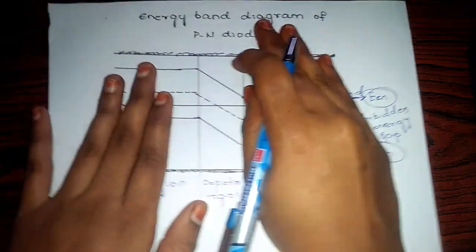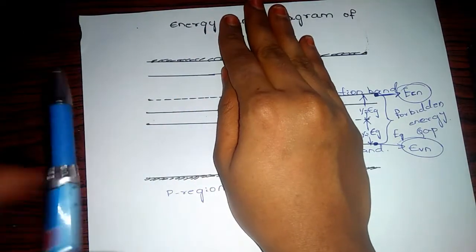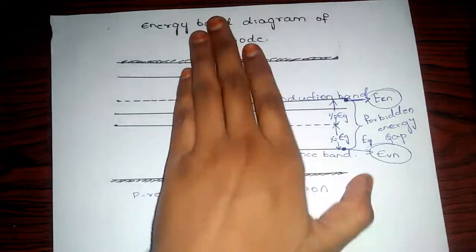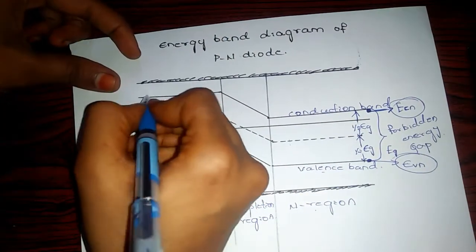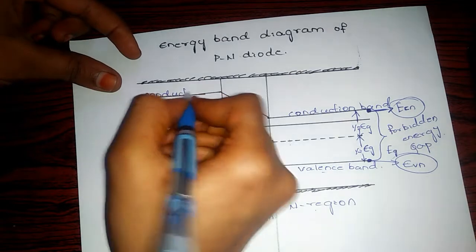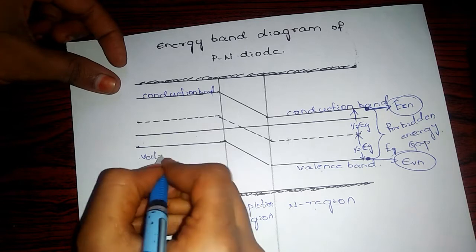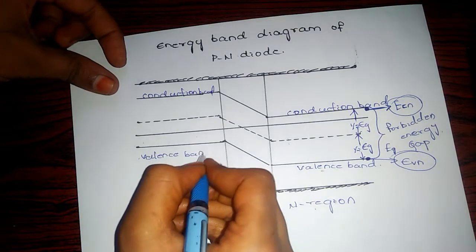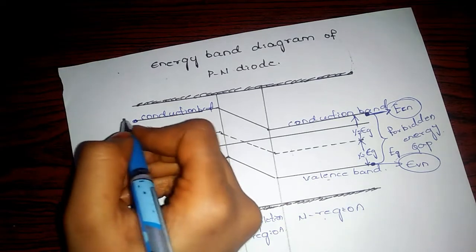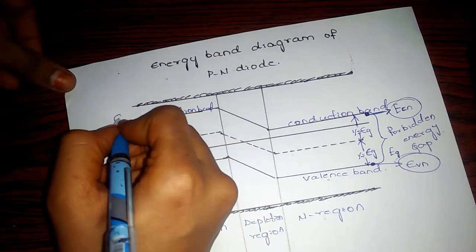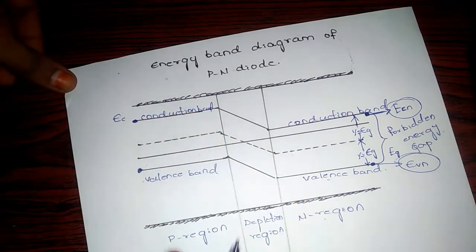Let's go to the P region and then the depletion region. Here you see we have again the conduction band and the valence band, the same as before. Here we have two edges: this is the edge of the conduction band in the P region, and this is the edge of the valence band in the P region.